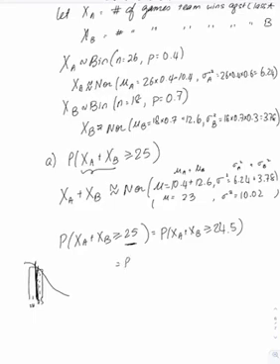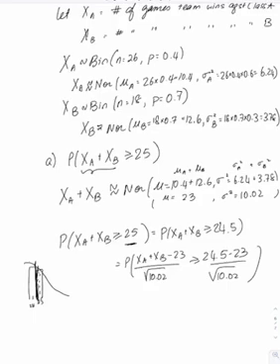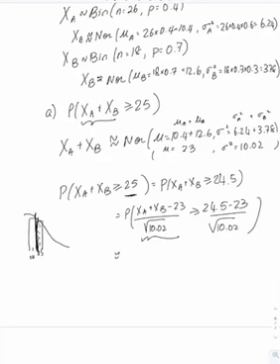Now you can subtract the mean and divide by the standard deviation on both sides. X_A and X_B were not normal, they were approximately normal, so I now put a double squiggle when I call this approximately Z. This turns out to be 1.5 over the square root of 10.02, which is approximately 0.474.